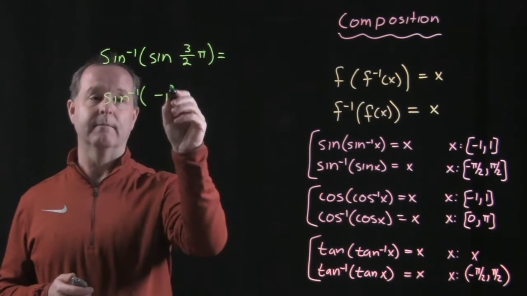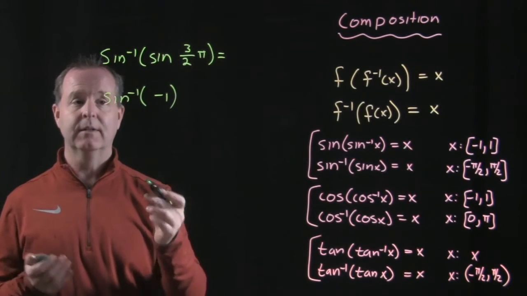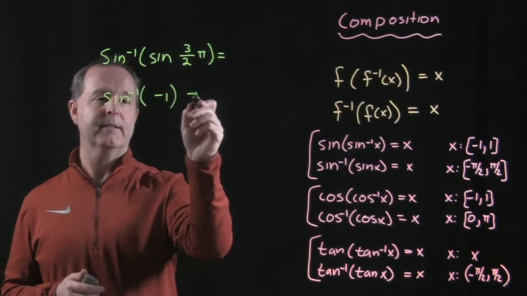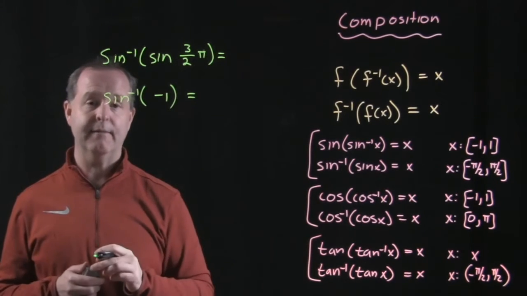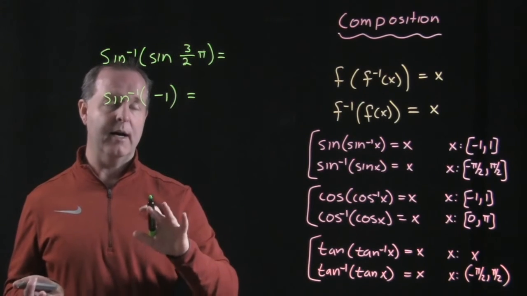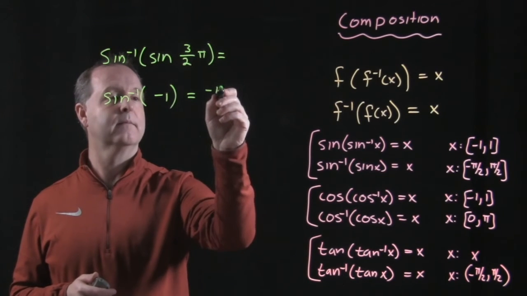That was a -1. So now I'm left asking, what's the angle that produces a measurement of -1, or whose sine is -1? The angle in that particular case, if we remember our table, would be negative pi/2.